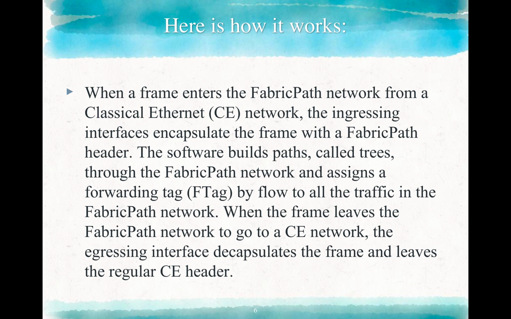The software builds paths called trees through the FabricPath network and assigns a forwarding tag, or FTag, by flow to all the traffic in the FabricPath network. When the frame leaves the FabricPath network to go to a classical Ethernet network, the egress interface, which means the interface that the frame is exiting from, decapsulates the frame and leaves the regular CE header, the classical Ethernet header.